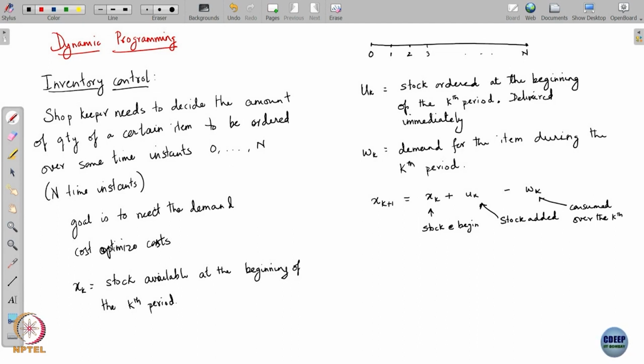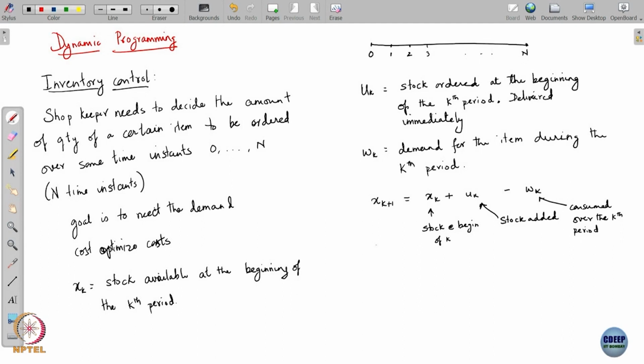So, by the time you reach the left endpoint of the k plus 1th period, the inventory level, or the level of the stock, would then be x k plus 1.